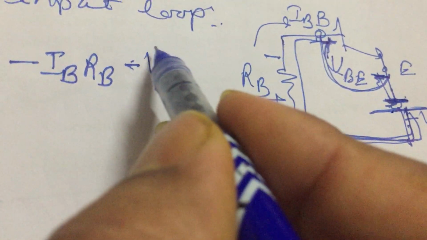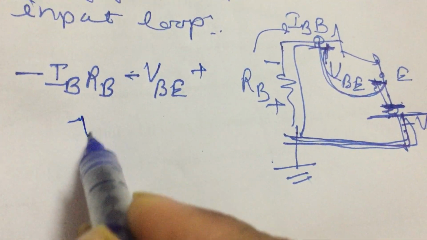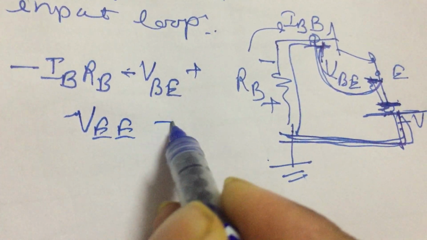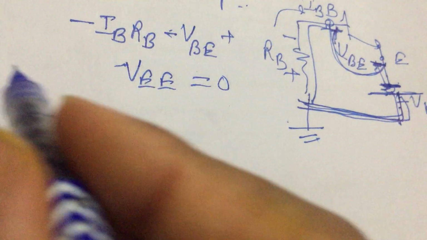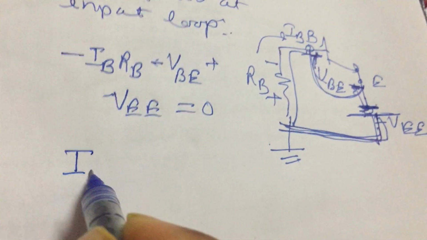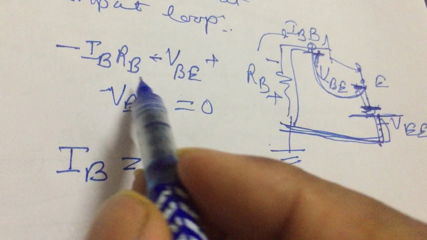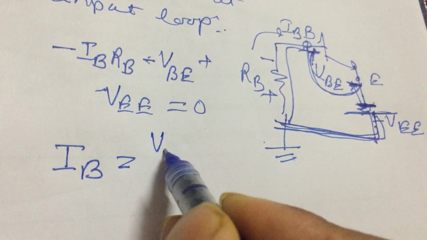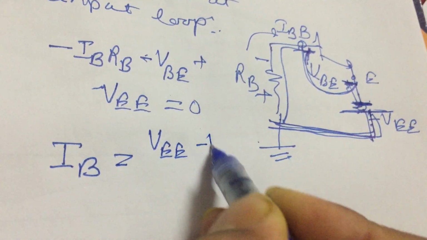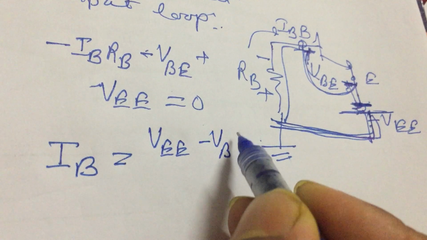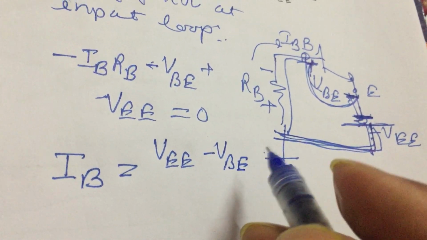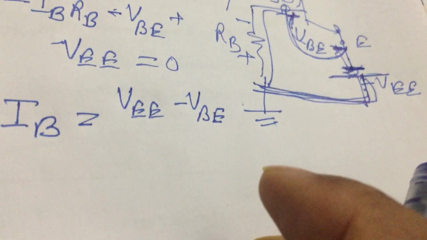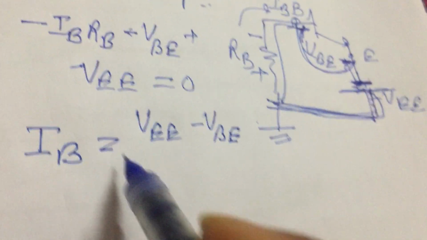Again coming from plus, plus VEE equals 0. So we can calculate IB. What will be the value of IB? IB is VEE minus VBE divided by RB.